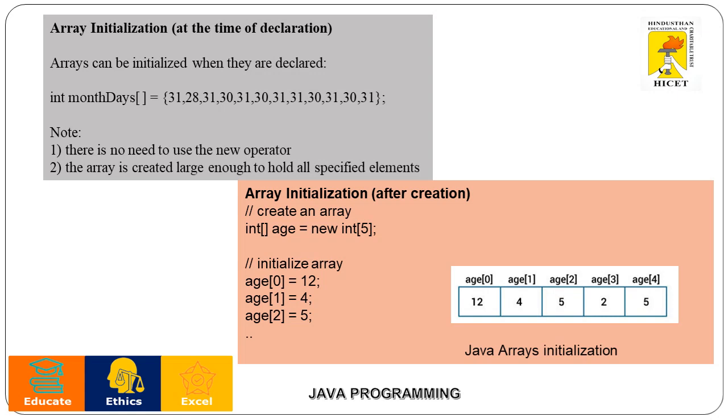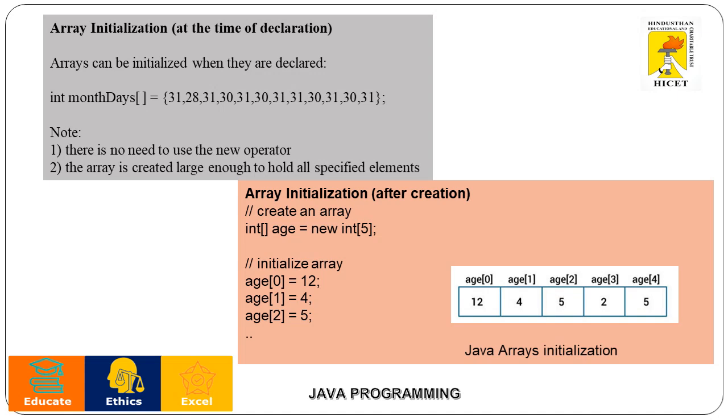And using the index value, we directly assign or initialize values to the array. So after the creation statement, we can use the index value to initialize the array variable. In this example, int single subscript age is equal to new int of 5. So age is the array variable. It can hold 5 integer type values. For initialization, we need to use the index value.